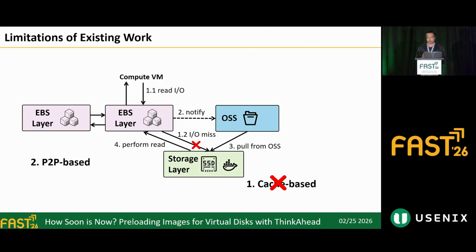You can share the data so that you can improve the cold start performance. But the peer-to-peer approach is also quite expensive, and it's not acceptable in the EBS service. Some approaches propose new image abstractions designed specifically for fast image loading, but this may not be practical either, because in production services, there are a lot of traditional legacy images that we have to stick with.